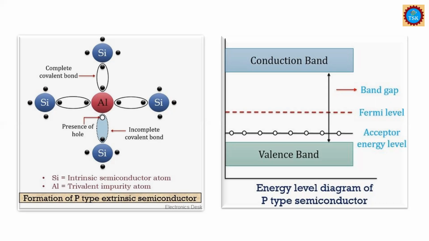Here we have an acceptor energy level, which is very close to the valence band. According to the diagram, this is the acceptor energy level and it is very close to the valence band.